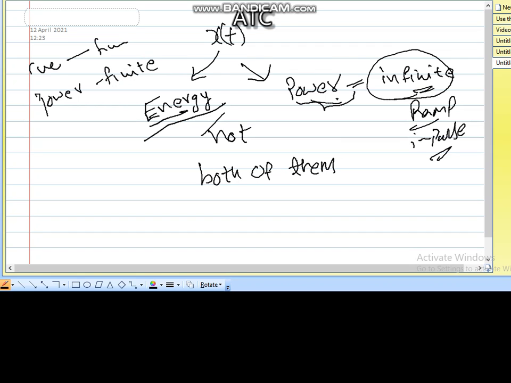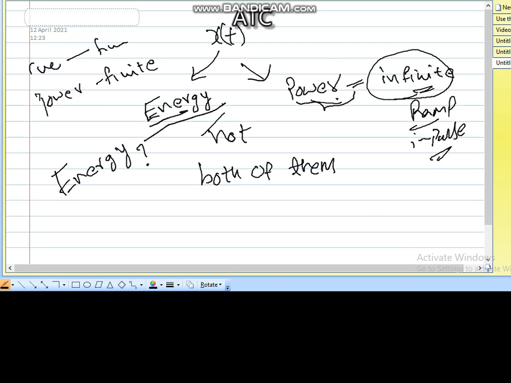Now I raise one question to you. In the universe, which type of signals do we have? Firstly, those must be energy signals. Why? Because every signal in the universe is an energy signal.